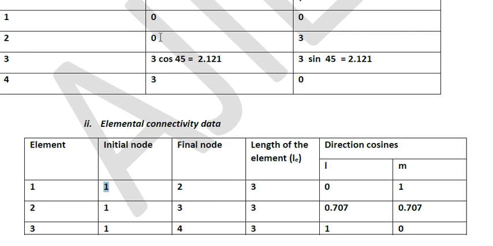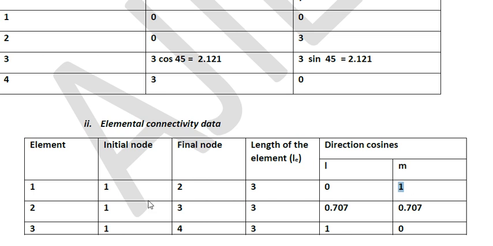So final node x minus initial node x, 0 minus 0 divided by 3, is 0. Coming to the y coordinate, 3 minus 0 divided by 3 is 1.